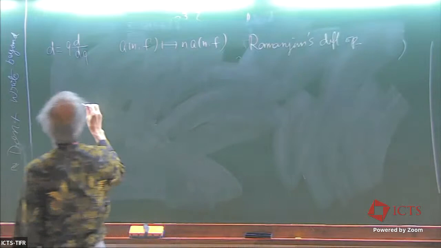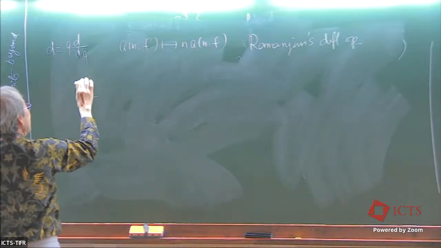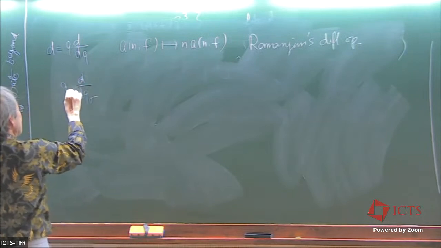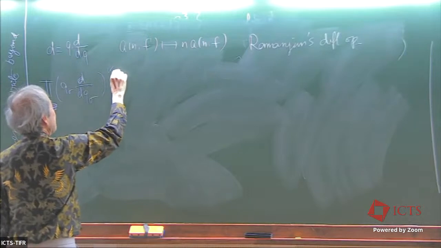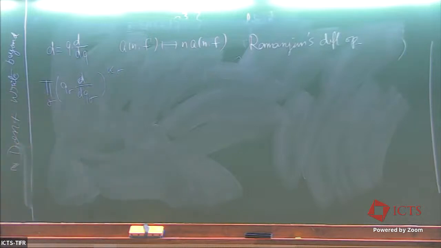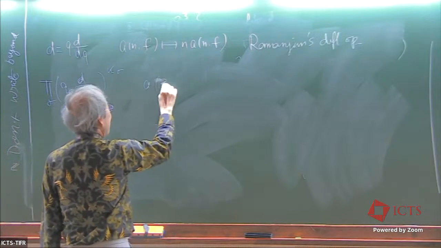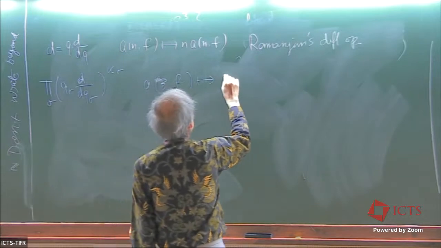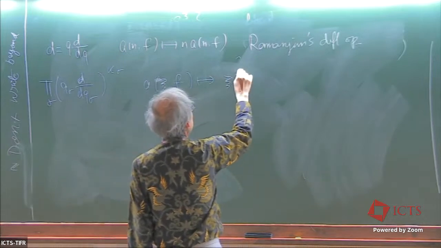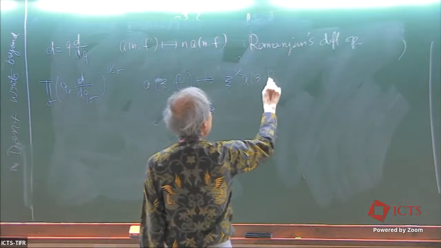And in the Hilbert modular case, you have a product of q sigma d/dq sigma things, and you raise the power to kappa sigma or something. Then a psi F goes to psi to the kappa, in that kind of sense, times a psi F.